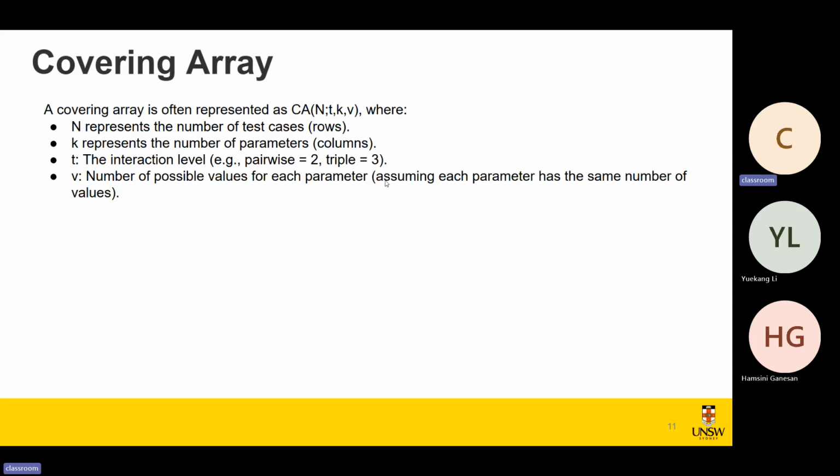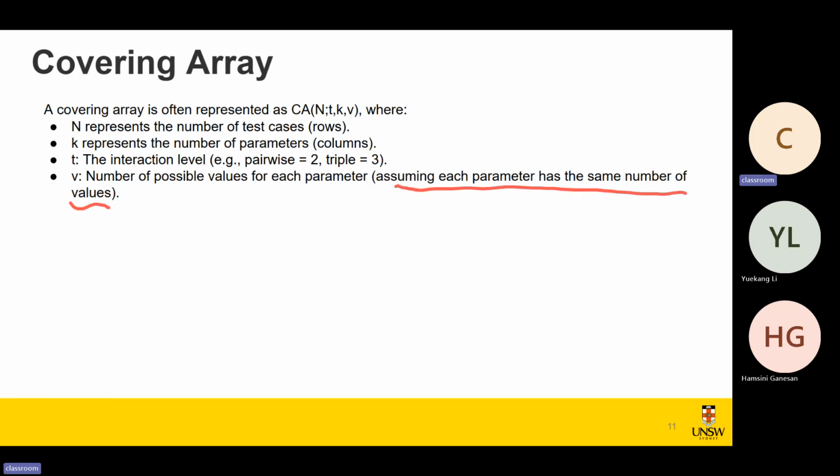This V is only for us to simplify the problem we are thinking about, because it has a very strong assumption. This assumption is very, very strong.